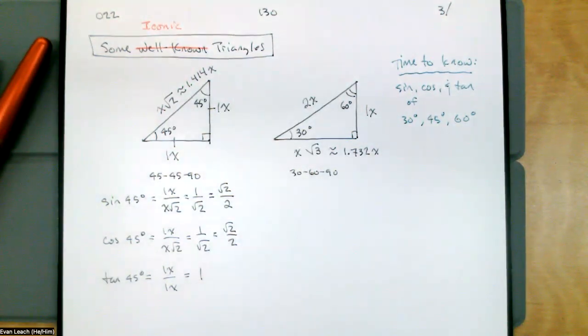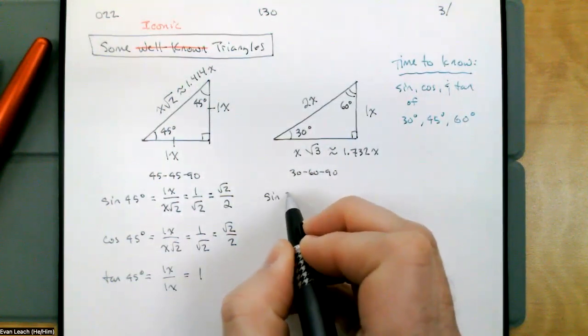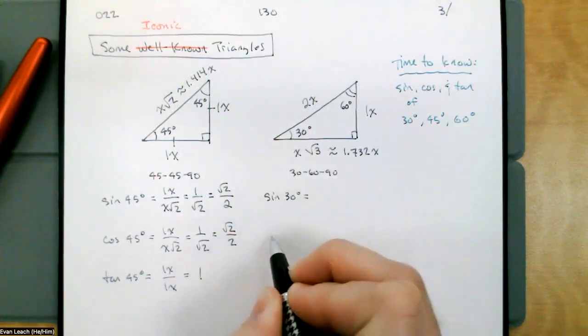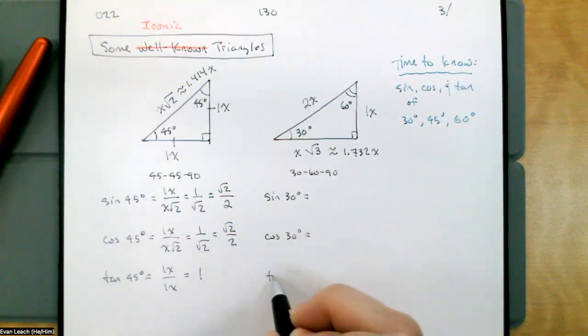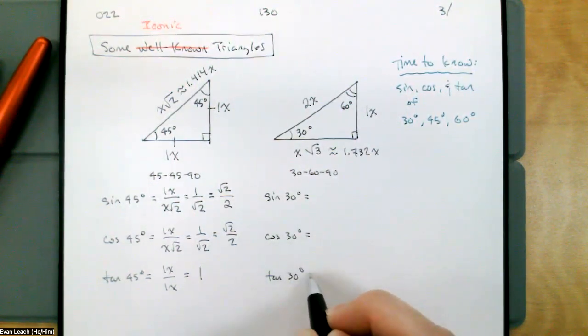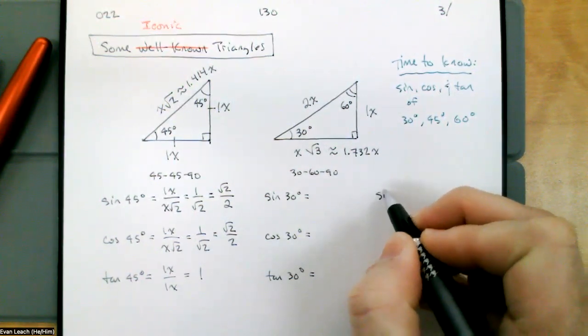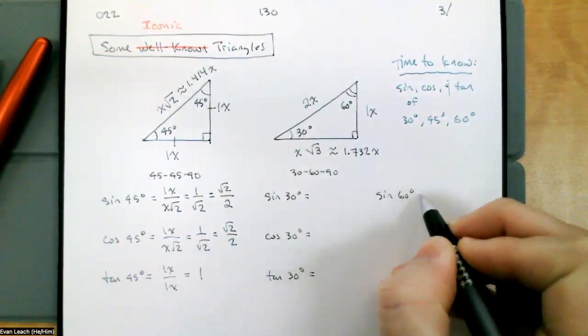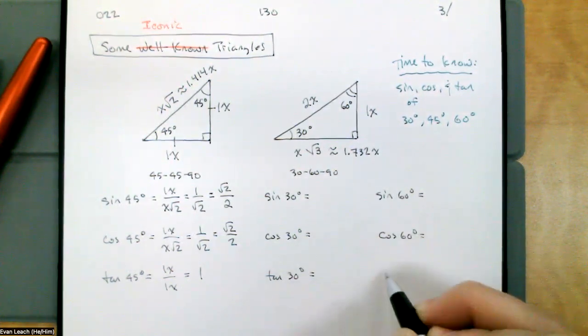We want to do this sine, cosine, and tangent for the 30 and the 60 in this triangle. So your job is going to be to fill out sine of 30, cosine of 30, tangent of 30, then sine of 60, cosine of 60, tangent of 60.